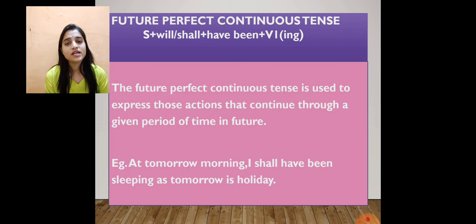I will have been completing 7 years in Delhi by the next month. I will have been completing 10 years in Delhi by the next month, कि मुझे जब है अगले साल अगला जो महीना होगा मुझे कितने साल हो जाएंगे, 10 साल हो जाएंगे, और जो है आने वाले पीरियड में भी शायद मैं दिल्ली में ही रहूँगी, ठीक है.